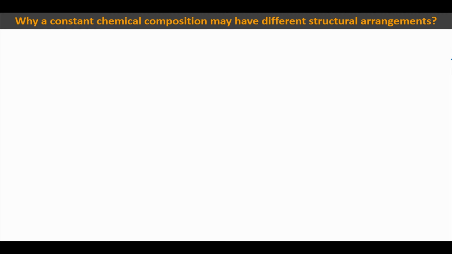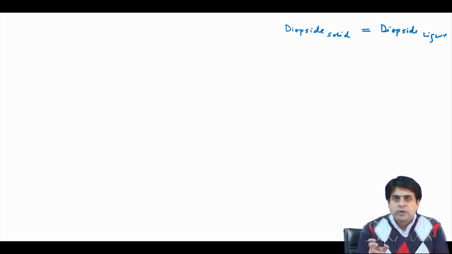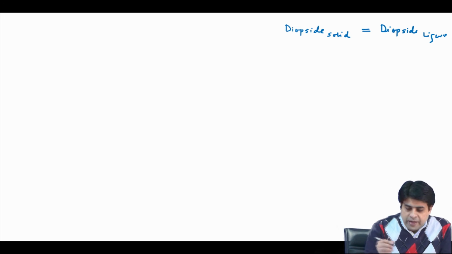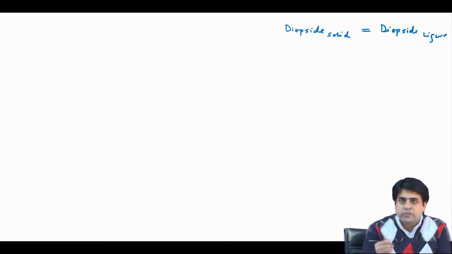So a little bit about the thermodynamics, and to understand that, suppose we have a dioxide solid that is in equilibrium with a dioxide liquid. If we have this kind of situation, okay, when there is an equilibrium and your dioxide solid is in equilibrium with a dioxide liquid, we can write down the equation in terms of Gibbs free energy.